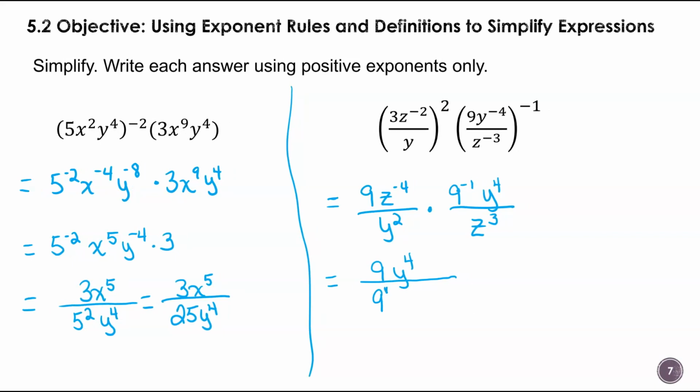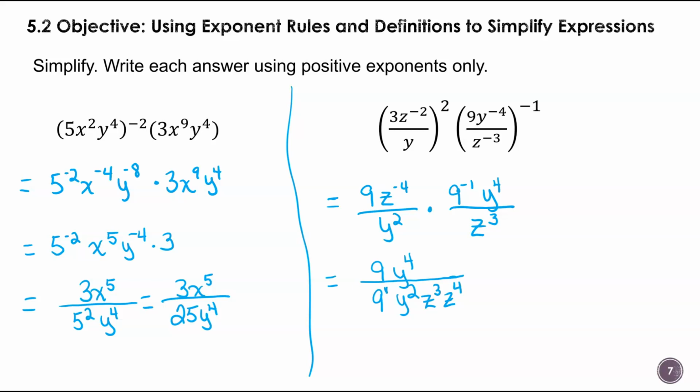And then also, I still have y squared. And then I'm going to bring down the z to the 4th, and keep the z to the 3rd. Z to the negative 4 becomes positive in the denominator. And then I also rewrote the 9 to the negative 1 with a positive 1 exponent.